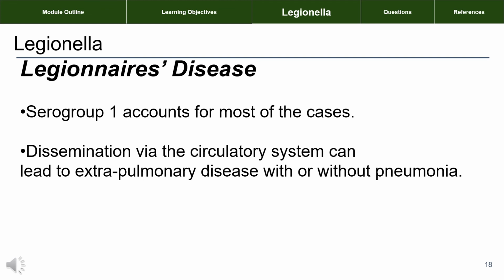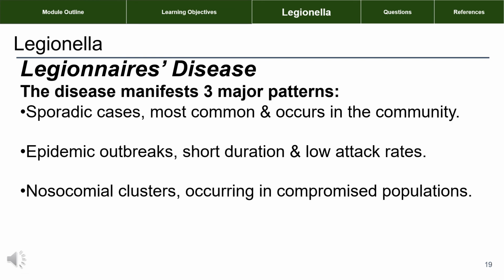Dissemination via the circulatory system can lead to extrapulmonary disease with or without pneumonia. The disease manifests in three major patterns: sporadic cases, epidemic outbreaks, and nosocomial clusters. For nosocomial, as you all know, this occurs in compromised populations only.